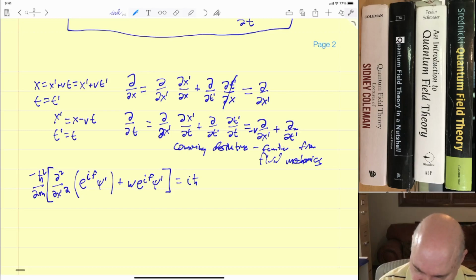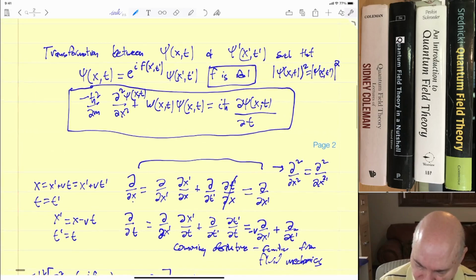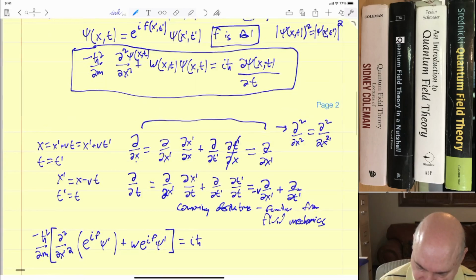From this equation over here, it should be clear that this implies also that the second partial with respect to x is equal to the second partial with respect to x prime. That's why I just went right to this, because partial derivatives with respect to x don't change. It's only those with respect to t that change. So we have i h bar, the partial with respect to t of psi.